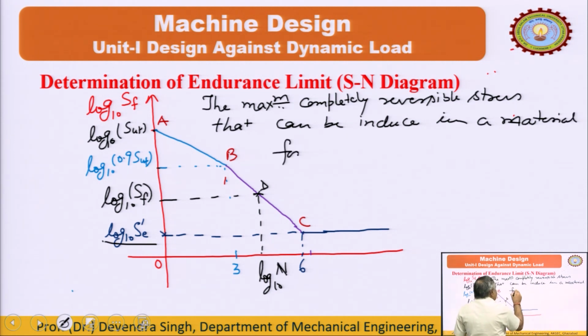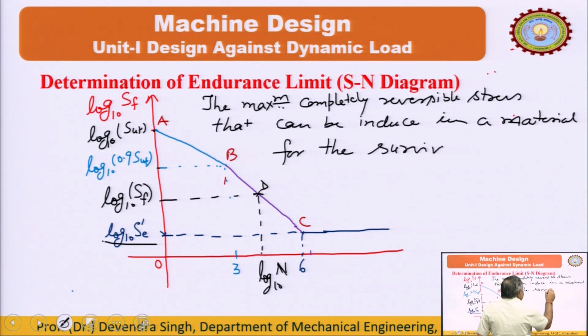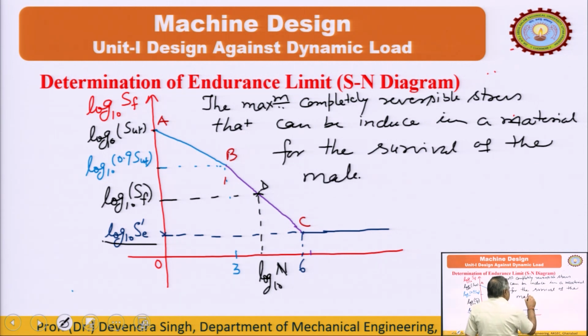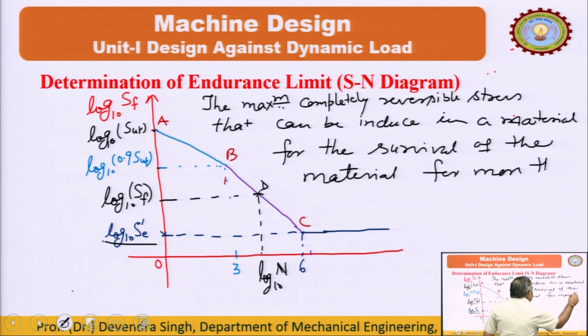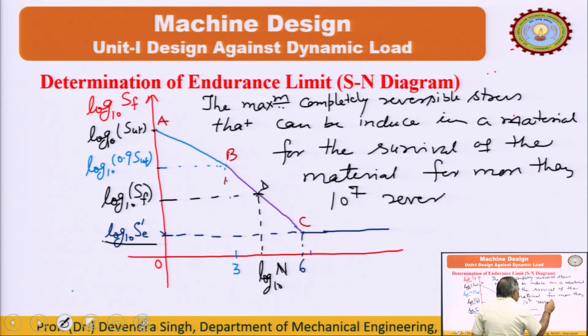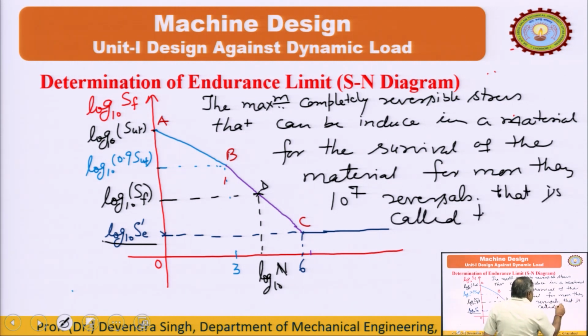for the survival of the material for more than 10 to power 7 reversals, that is your endurance limit, that is called the endurance limit.